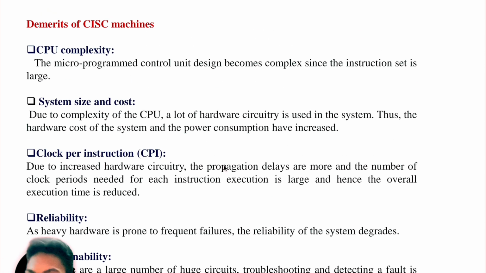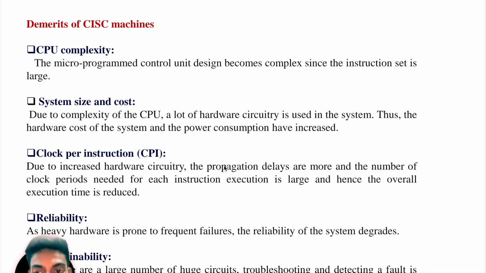As you can see, the disadvantages of CISC machines are CPU complexity. Since there is a specific individual functional unit present for every instruction, it increases the cost of the IC as well as the complexity of the computing unit. System size and cost: the cost of the system increases because it takes a lot of time to design systems which perform specific functions.